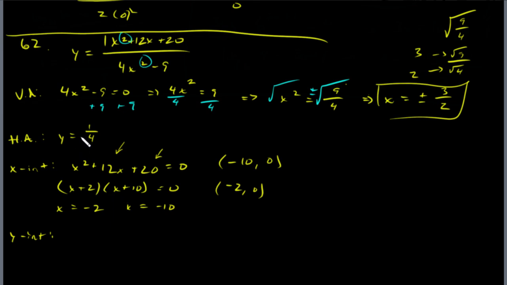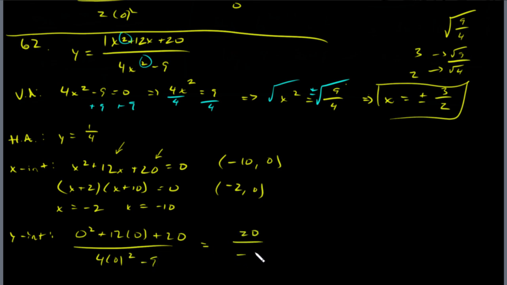Alright, y-intercepts. That is where you plug in 0 for all your x's. So you've got 0 squared plus 12 times 0 plus 20 over 4 times 0 squared minus 9, giving you 20 over negative 9. And that is equal to y, right?